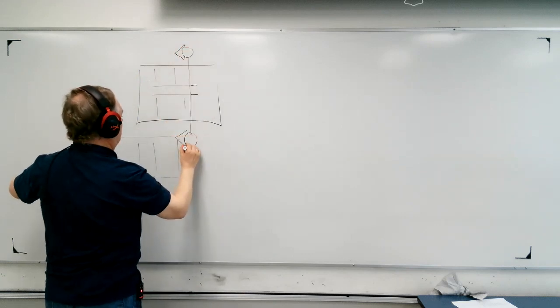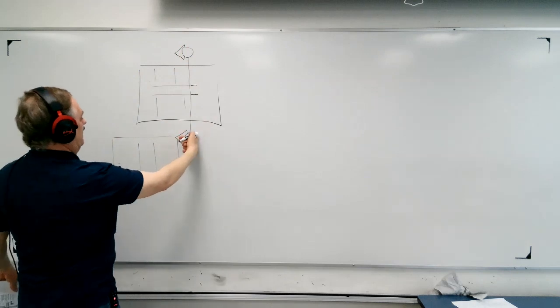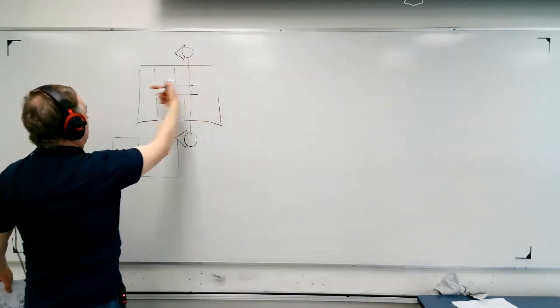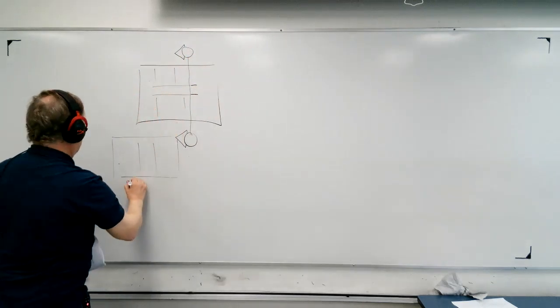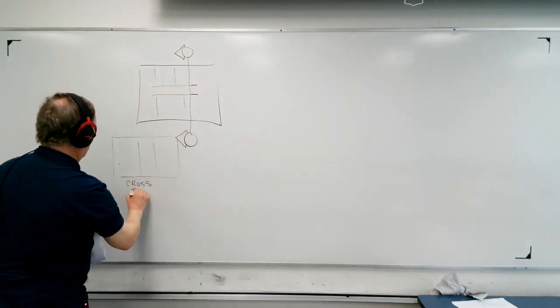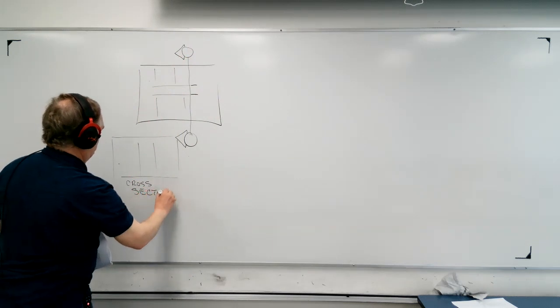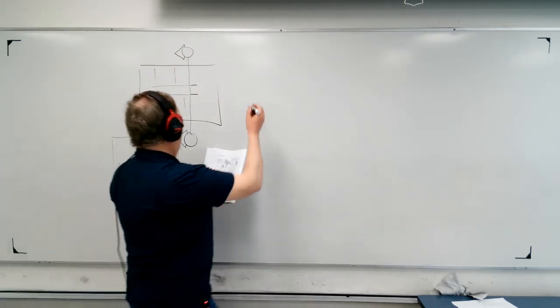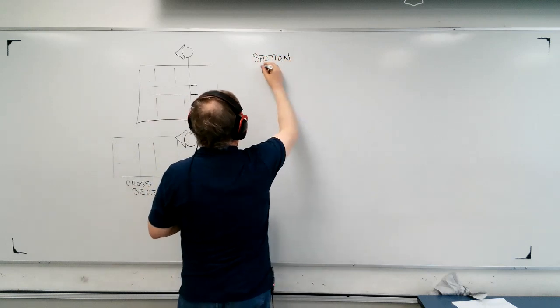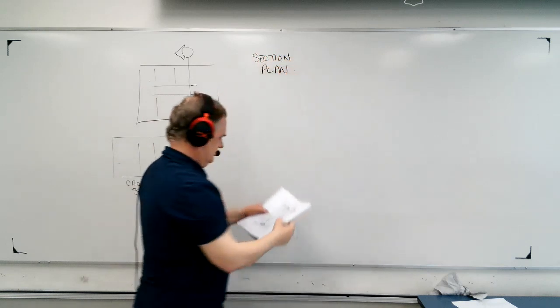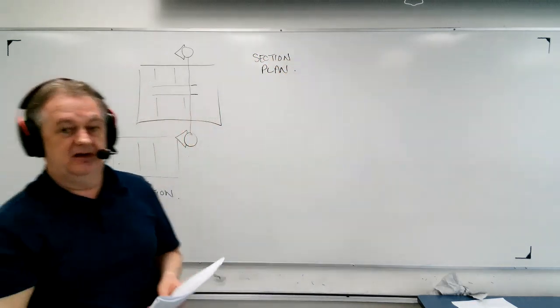okay? So this arrow on this symbol shows that the view is this way, and it's actually what we call a cross-sectional view, cross-section. So we call this a section plan. And on page number 8, take a close look at page number 8.